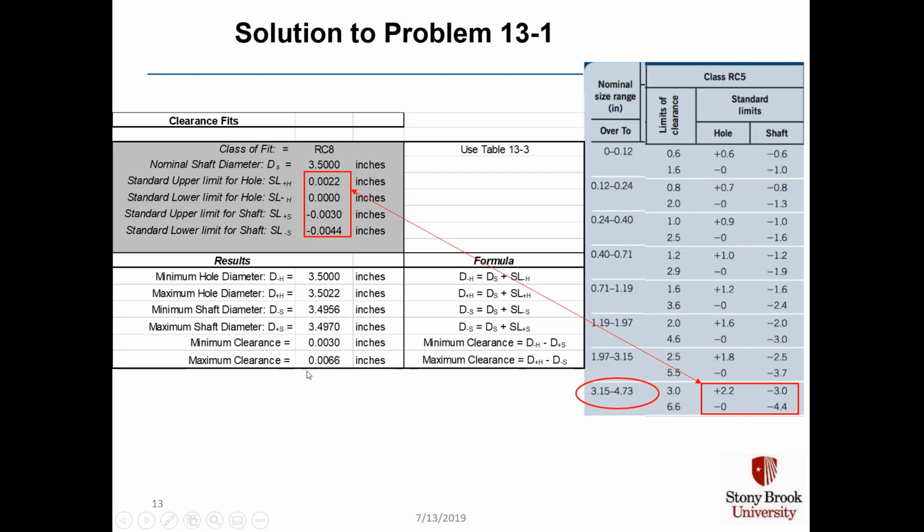And we calculate the maximum clearance as the maximum hole diameter minus the minimum shaft diameter, which is 3.5022, the maximum hole diameter, minus 3.4956, and we get 0.0066, which is our 6.6 number times 0.001 inch.